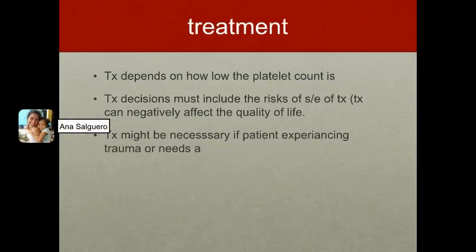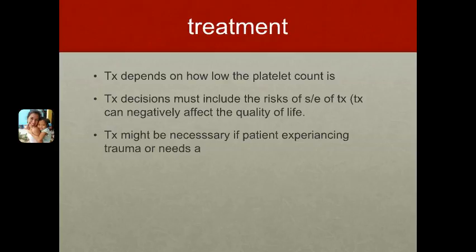Treatment for this disease can be tricky because it depends how low the platelet count is altogether. Usually children will receive 2 IVIG infusions and the disease will be self-limiting after that.